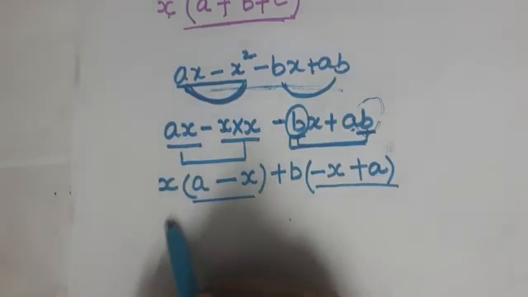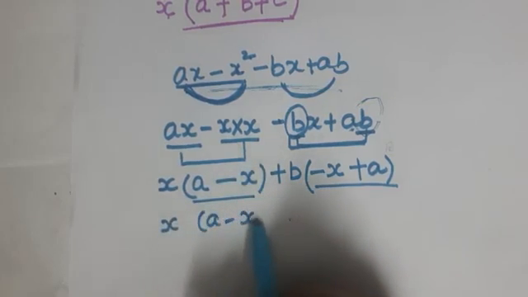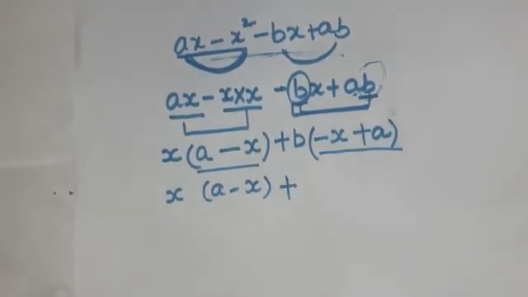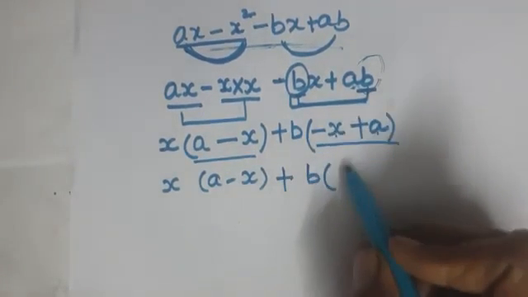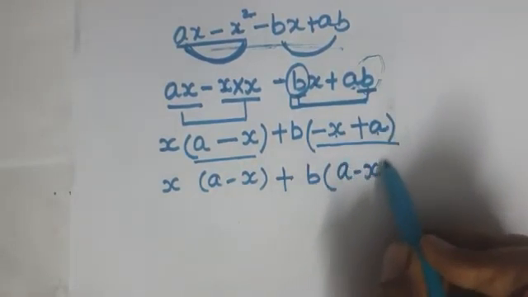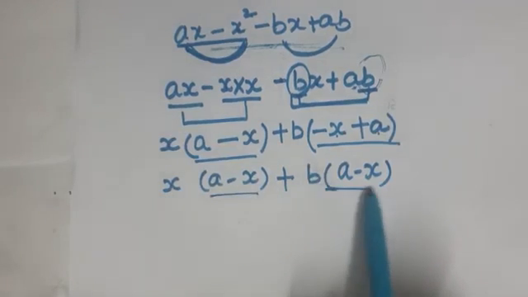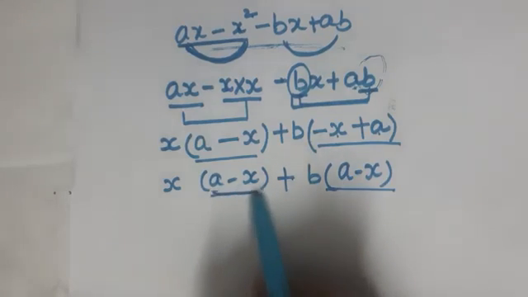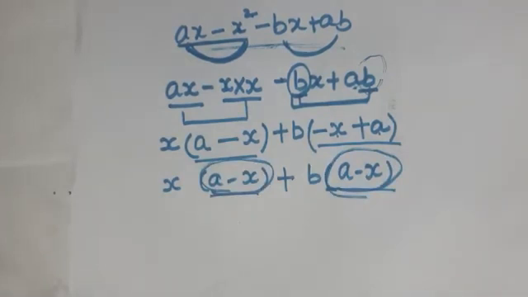How? See, this is a minus x. And if you see carefully, this is also a minus x. So now these two brackets are the same. It means this whole bracket I can take common.